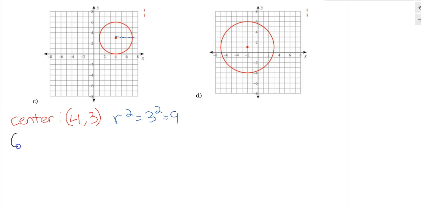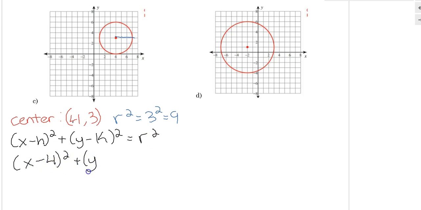So again, I have (x minus h) squared plus (y minus k) squared equals r squared. So that's x, change your sign, minus 4 squared plus y, change your sign, minus 3 squared equals r squared, which is 9.